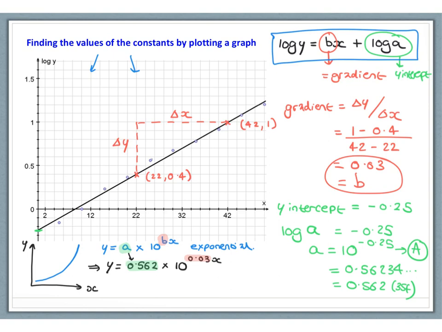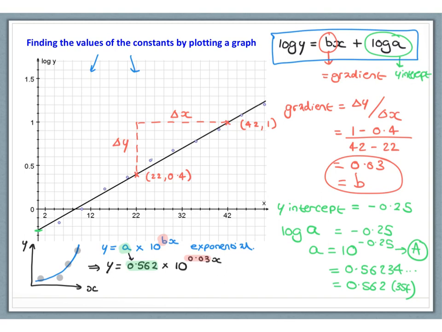And this is a model of the equation for our data points. Remember the data points as we plotted them. They weren't perfect. Some of them were sitting on our curve, some of them were above, some of them were below. So this is a possible equation that could be used to model a curve that we want to fit to our data points.